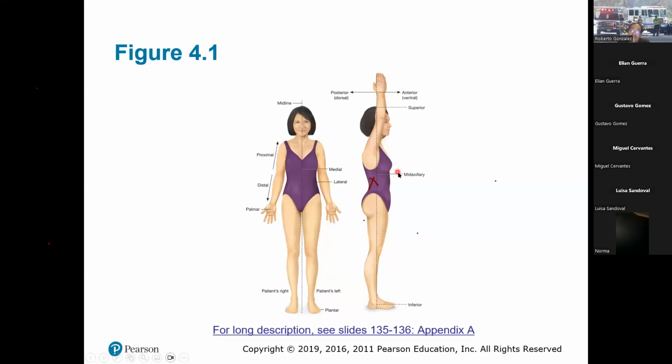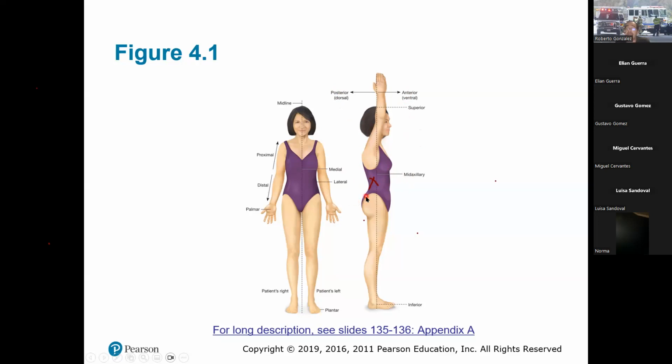So in the human body, the anterior or the front part would be the ventral. Okay, it equals the same thing. Ventral and anterior mean the same thing. Now, dorsal or posterior would be the back part of the body.